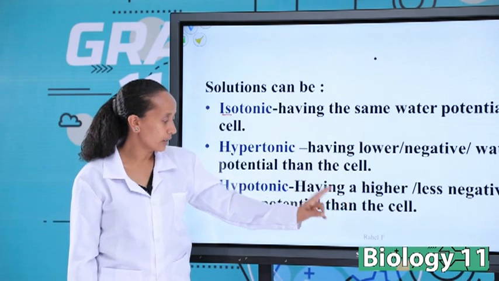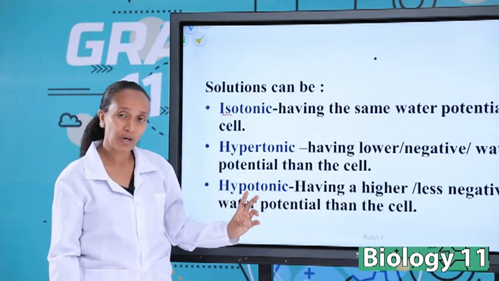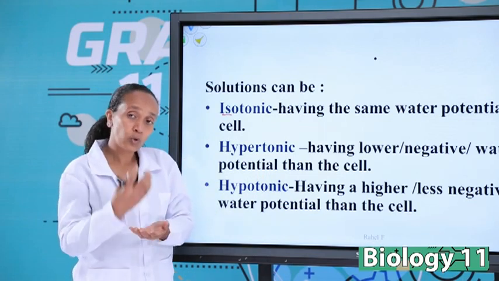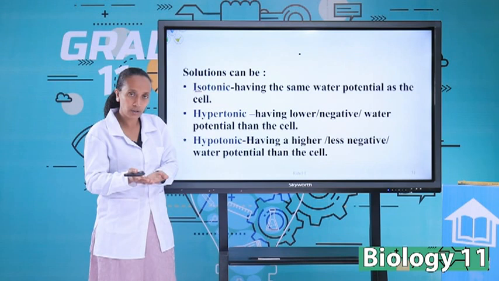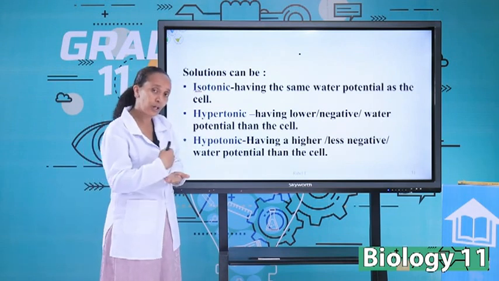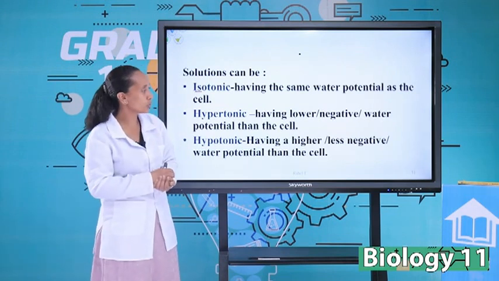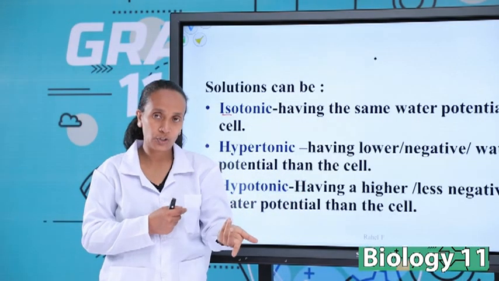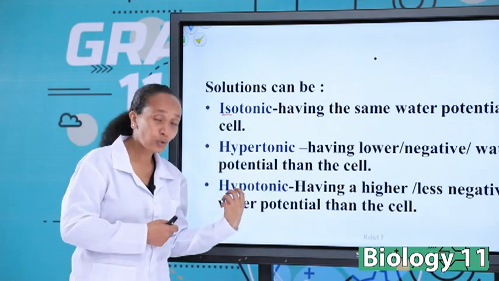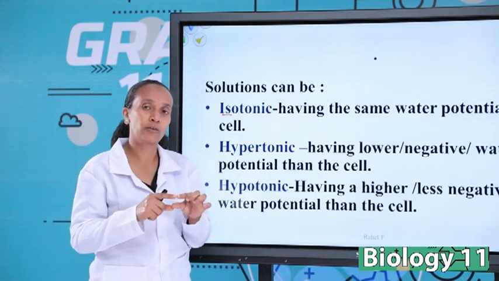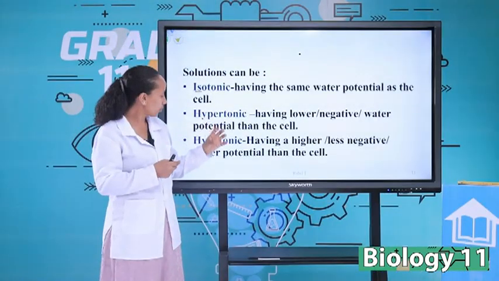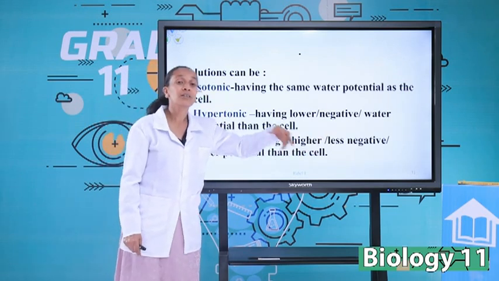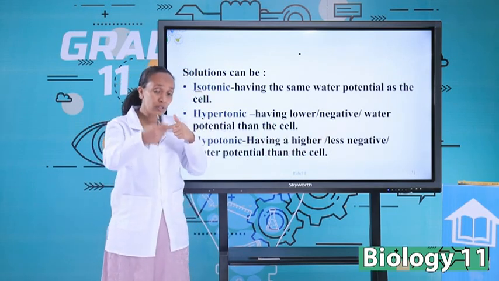Imagine we put a particular cell in a solution, and the solution can be hypertonic or hypotonic. If the solution is hypertonic, what will happen? That hypertonic solution has more negative water potential compared with the cell's water potential. And if we put the cell in a hypotonic solution, since all solutions have negative water potential, that solution has less negative water potential compared with the cell.